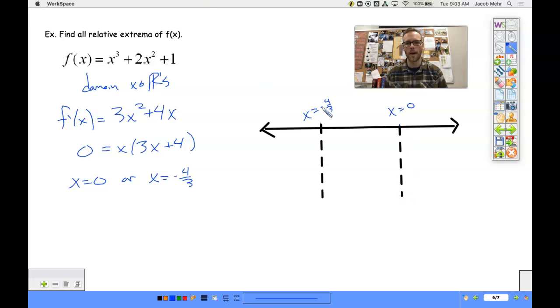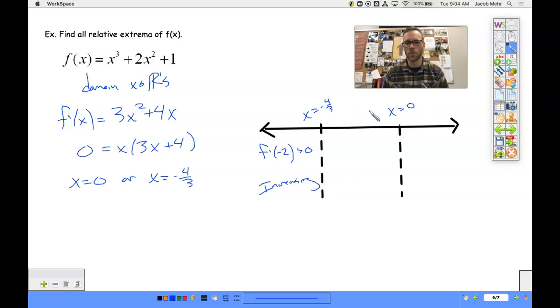So let's test a value to the left of negative 4/3. When I say test, that means we're putting it into f prime. So I'm thinking negative 2. Substitute negative 2 into f prime: 3 times negative 2 squared plus 4 times negative 2. I get positive 4. It's positive, so the function here is increasing.